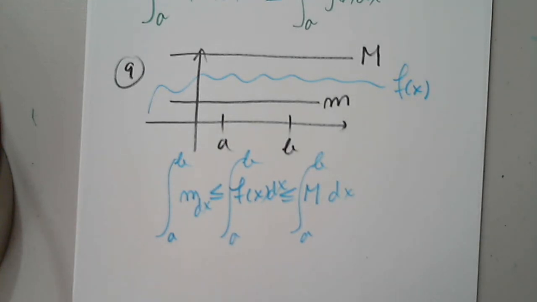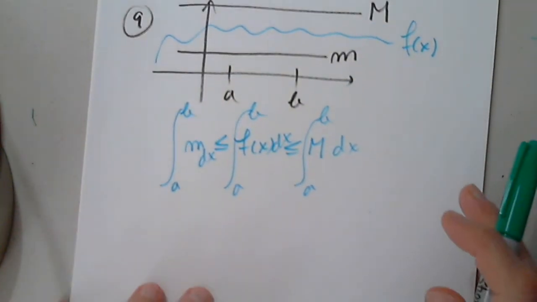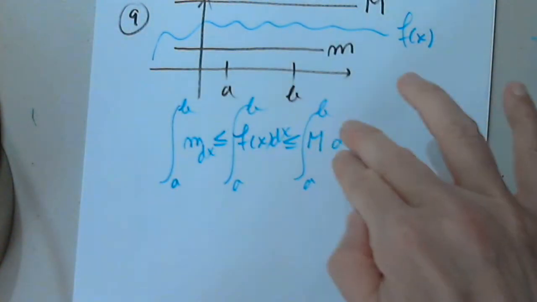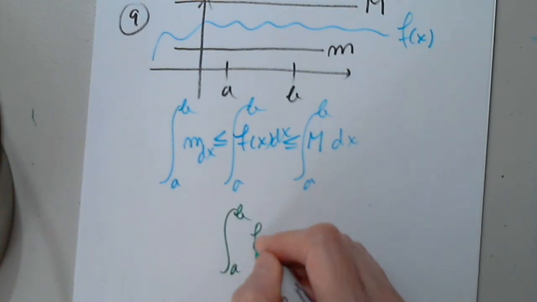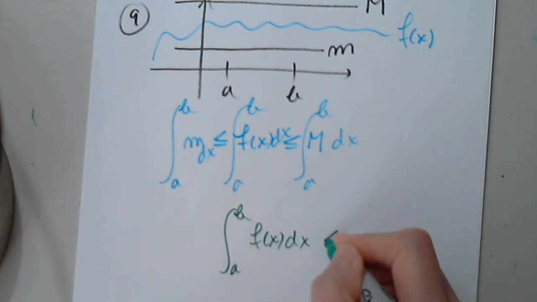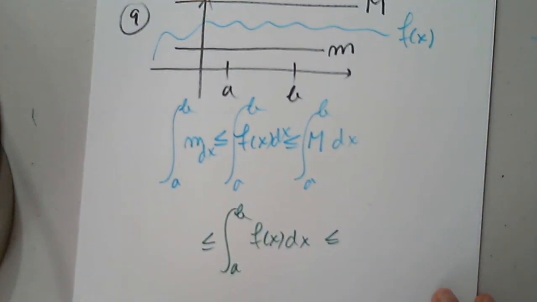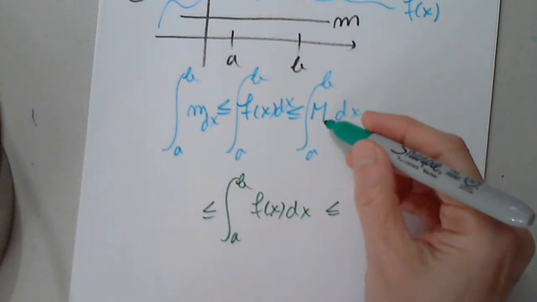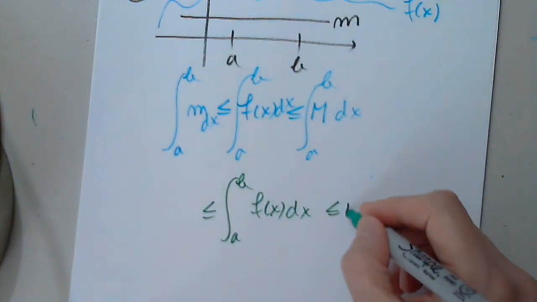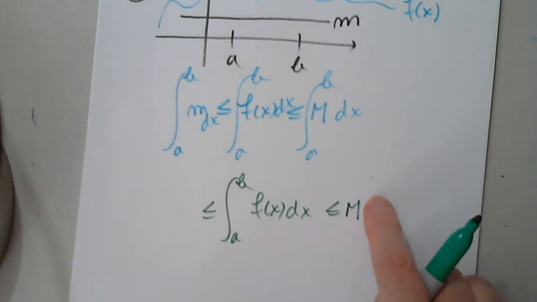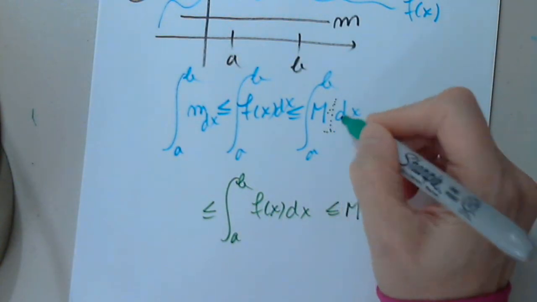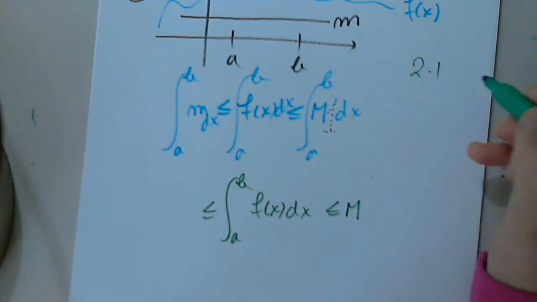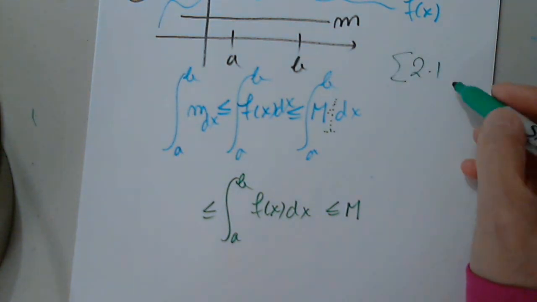Perfect. So now the middle stays, but let's calculate these two. See what we get. The integral from a to b of f of x dx is less than or equal to, greater than or equal to. Okay, so m goes outside. Which function's derivative is 1? I have to have something, like when we had 2 times 1, and the sum of this would have been 2.